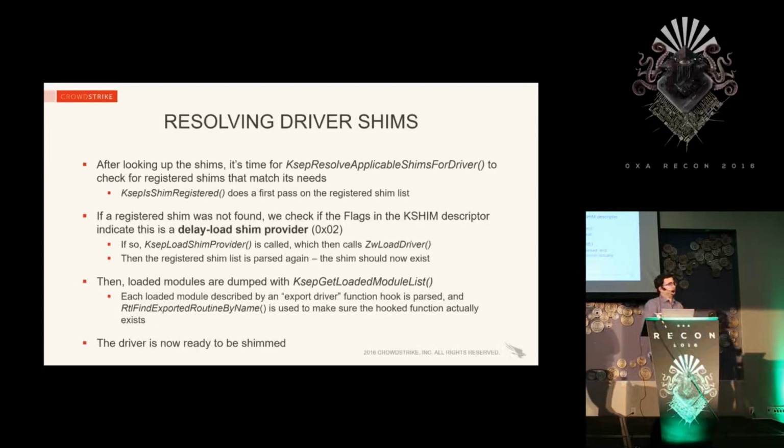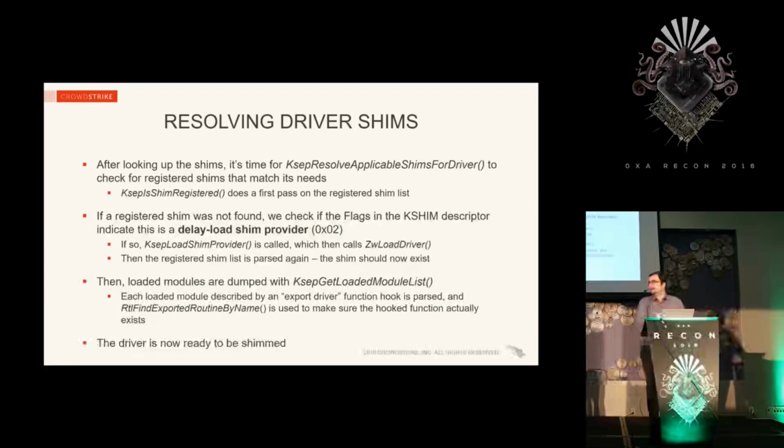At that point, we're going to check, is this shim a delayed load provider? If it is, we're actually going to load the provider manually by seeing what its name is and calling ZwLoadDriver to load that driver. Once the provider has been loaded, we're going to dump all the registered shims again, and at this point, we should expect to find that shim in the driver list. Otherwise, something's wrong. It basically means that this module, for whatever reason, is not providing the shim that it's supposed to.